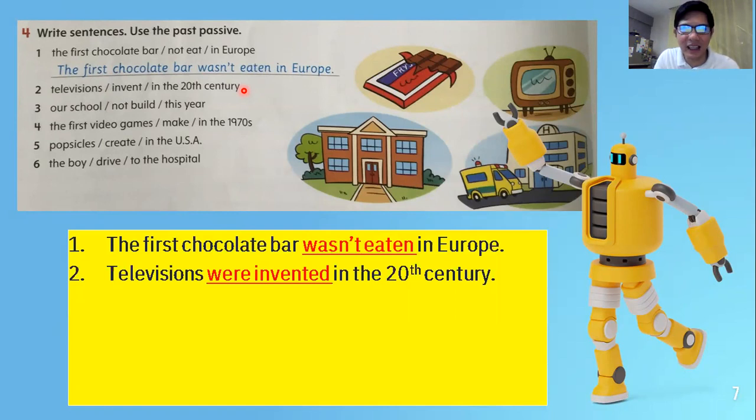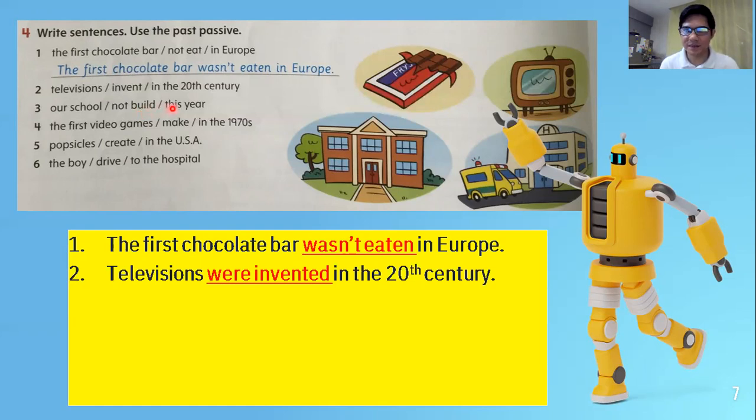What about number three? Subject, our school. Is it singular? Yeah. Not build. It's in negative. Singular and the negative. Take a look. What's the past participle form of the verb build? So use the verb three or the past participle and then the object, this year.